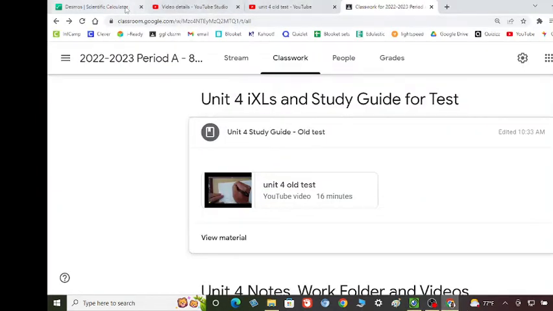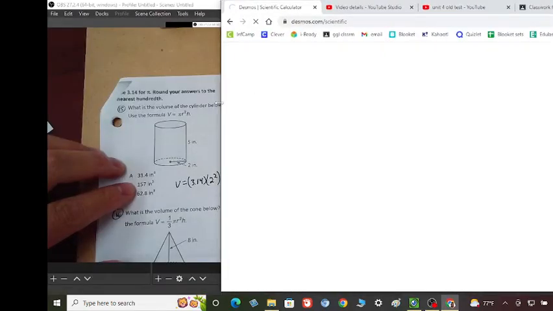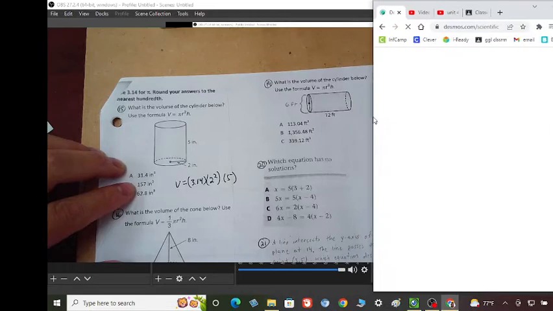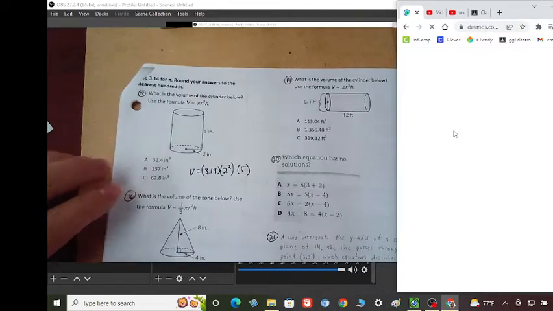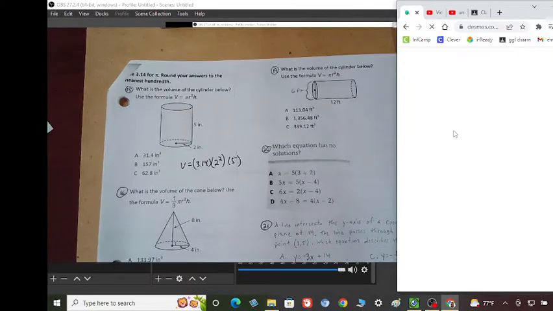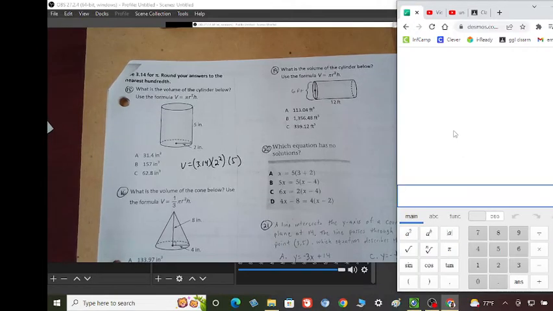Once the calculator comes up, if it doesn't, I will just use a handheld calculator. Looks like it's starting to come up. Okay, there it is.